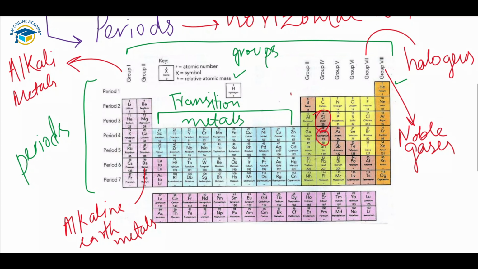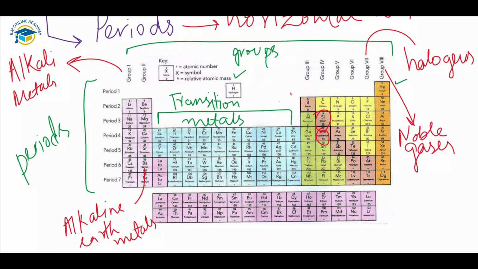So the main distinction in our periodic table is between the metals and the non-metals. We have two different classes in which we classify the elements: first the metals and second the non-metals. You can see here that the non-metals are grouped in the top right hand region of the periodic table.